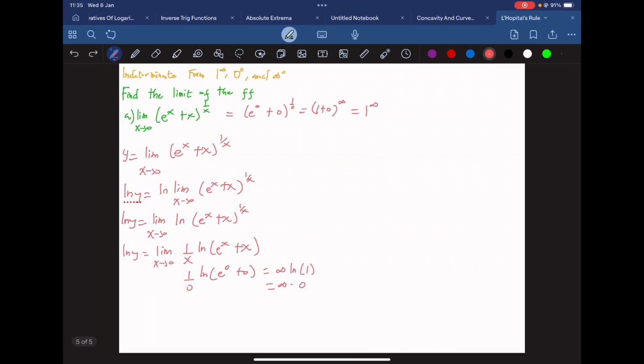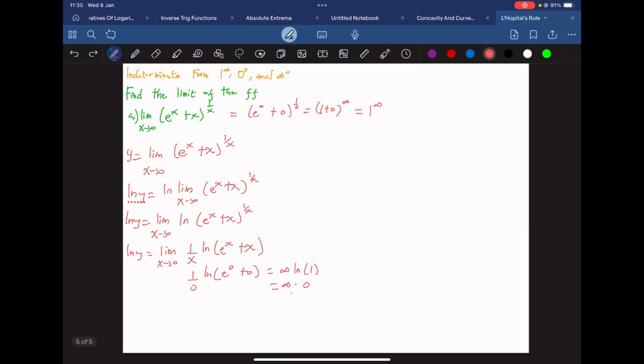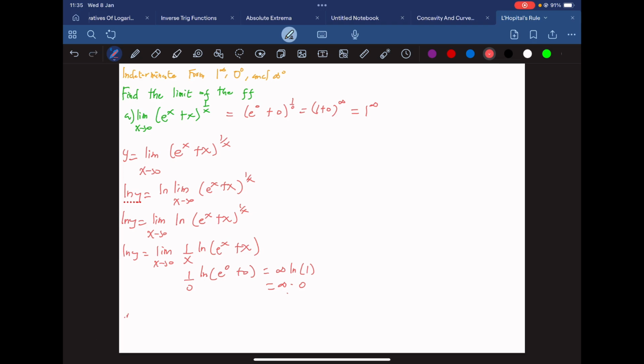And what do we do if we have this indeterminate form? We rewrite the expression, right? So in that case, we have ln of y equal to the limit as x approaches 0. Remember, if we are rewriting, we always write the second term first.